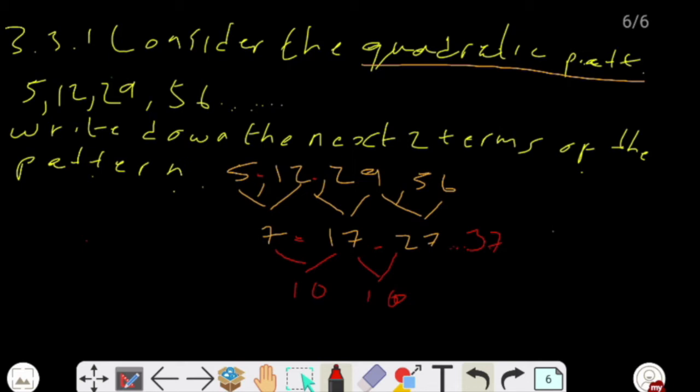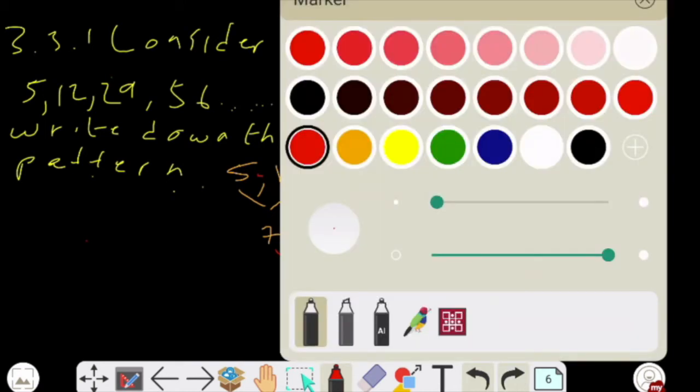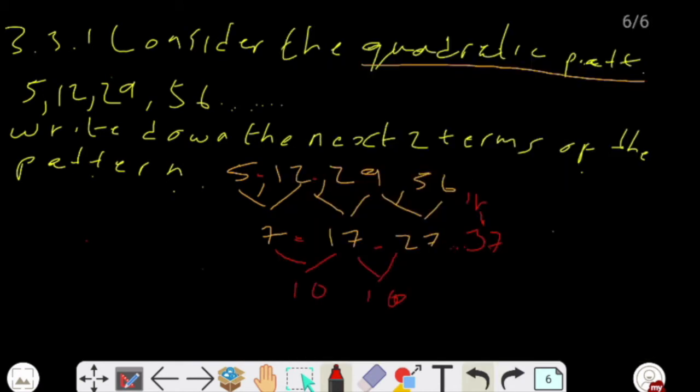Now for you to get this term, what do you need to do? You add both of them, right? And say 37 plus 56, which is 93.